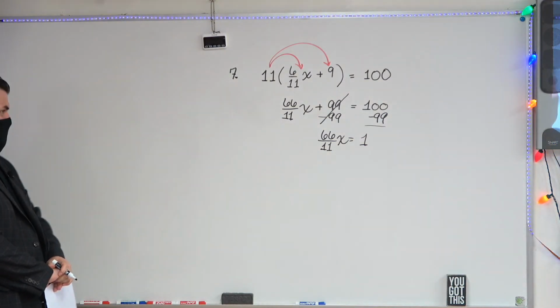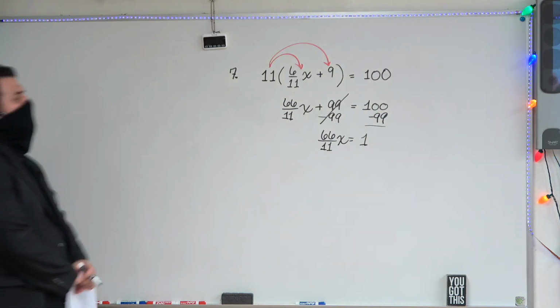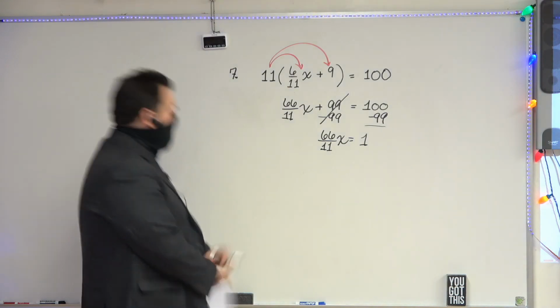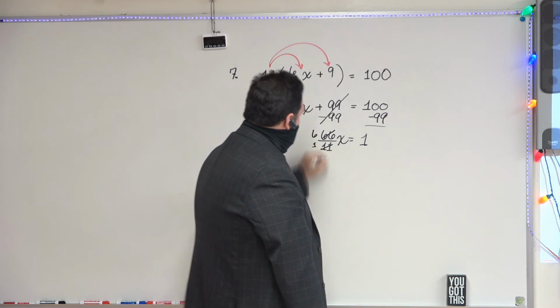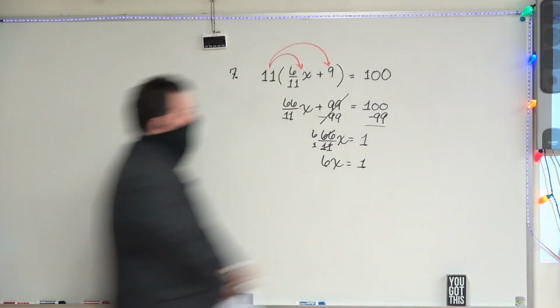Now what? Reduce the fraction. You divide the top and the bottom by 11. And so now we have 6x equals 1.